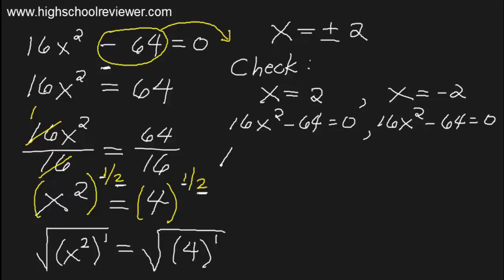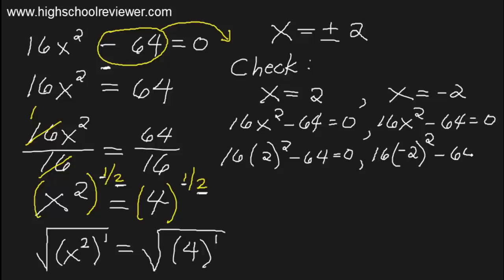So our value for x is positive 2. This will be squared minus 64 equals 0. So we will also have here 16. Our value of x here is negative 2 raised to the power of 2 minus 64 equals 0.